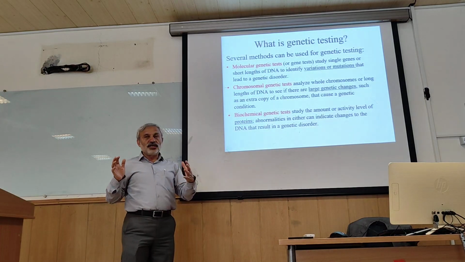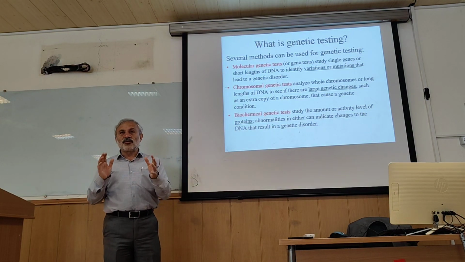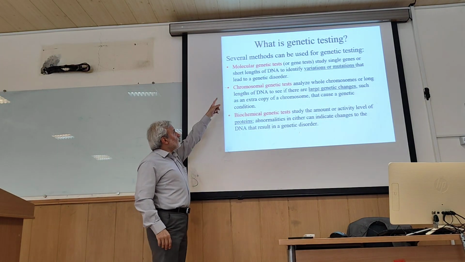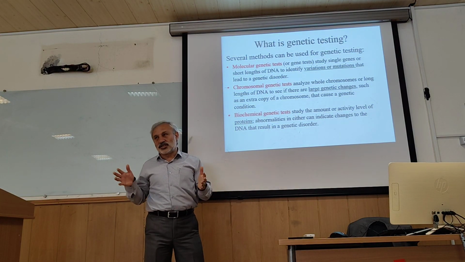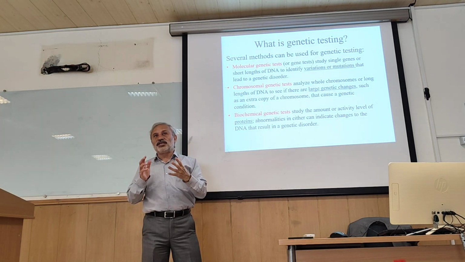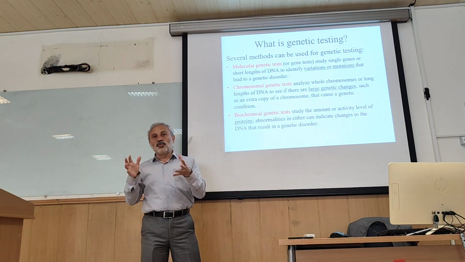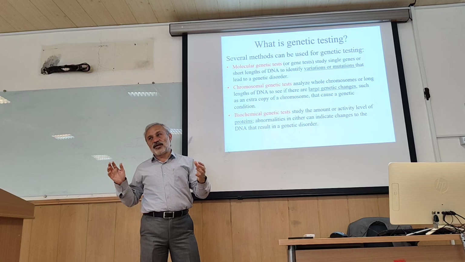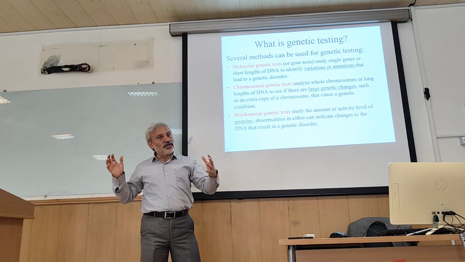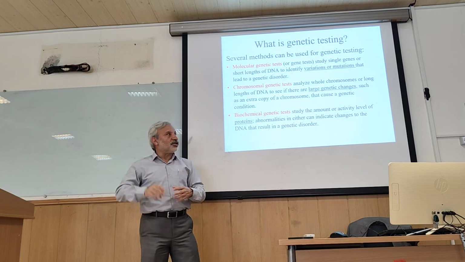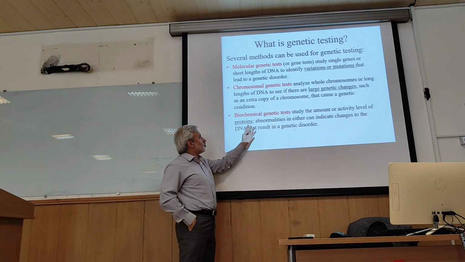We want to check this part of the chromosome. That one is a molecular genetic test, but this one is a chromosomal genetic test, because we are checking the chromosome. It means a group of base pairs, a group of genes, not one gene. Different genes together we can check on the chromosome.